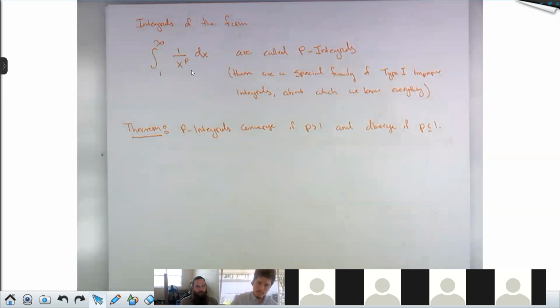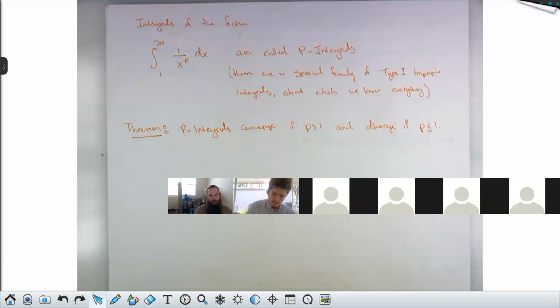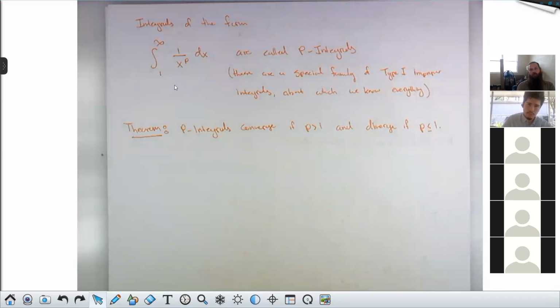Does it matter if the power is an integer? Nope, the power does not need to be an integer. It can be anything. But oftentimes we first play with these with integer powers. Could the power be negative? Yes, the power can be negative. It still fits into the scheme. A negative number is certainly a number that's less than or equal to 1.